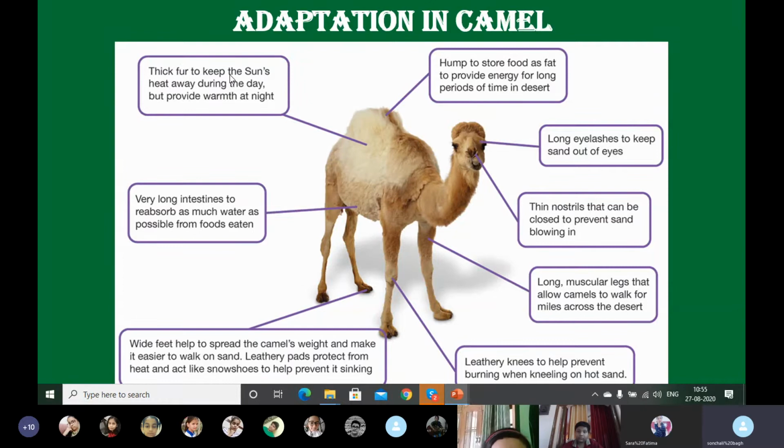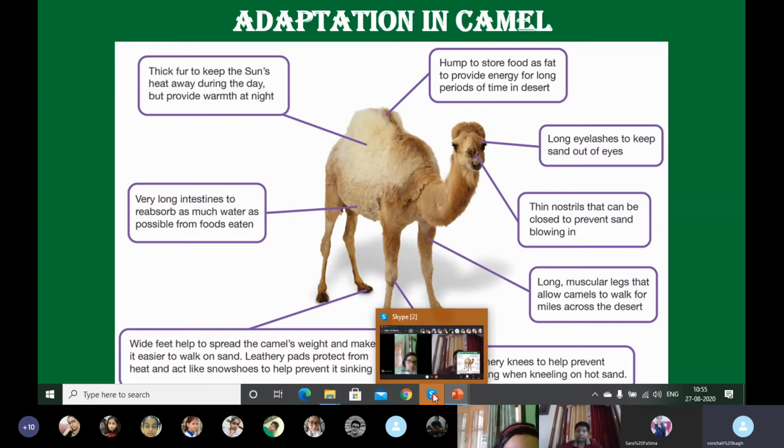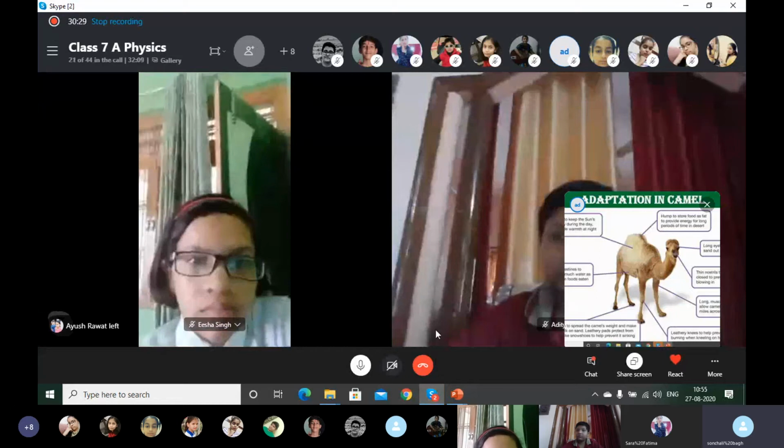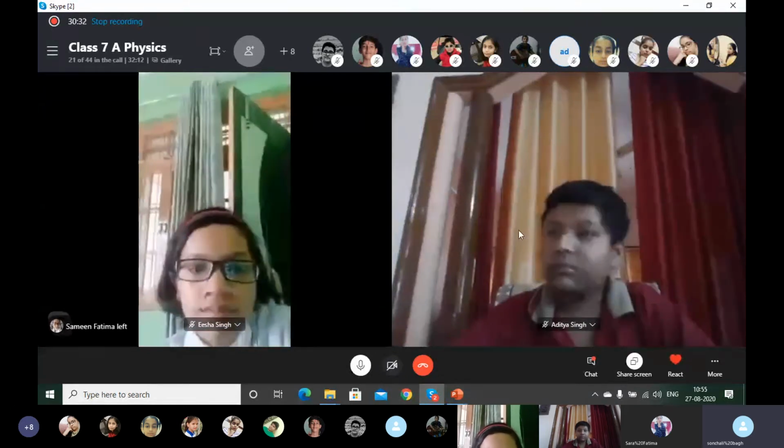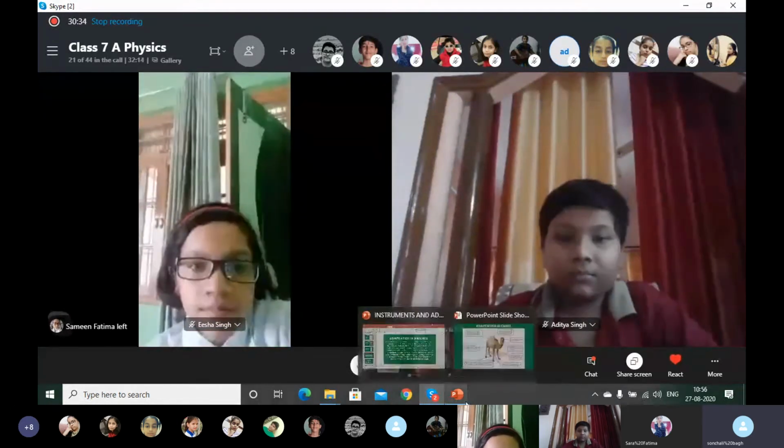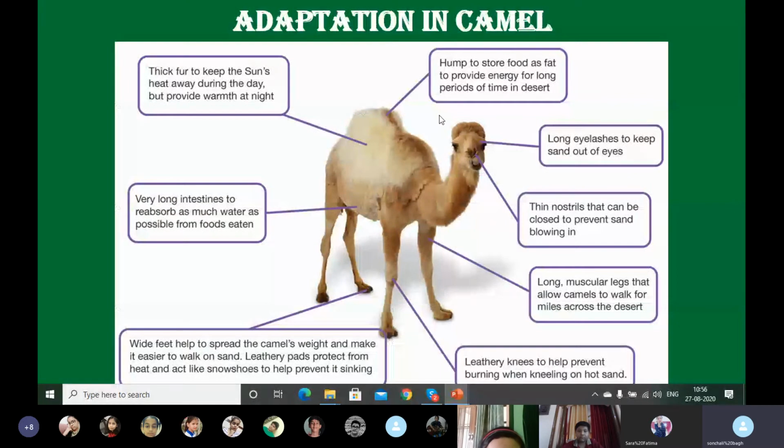Thick fur to keep the sun's heat away during the day but provide warmth at night. Clear?